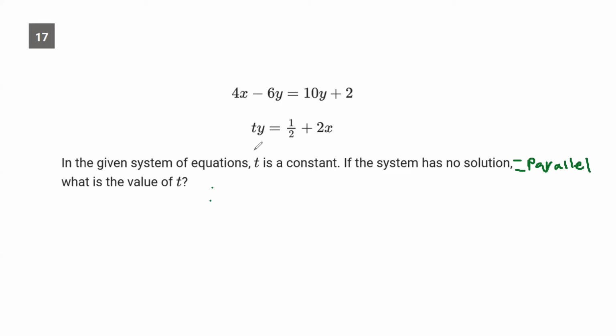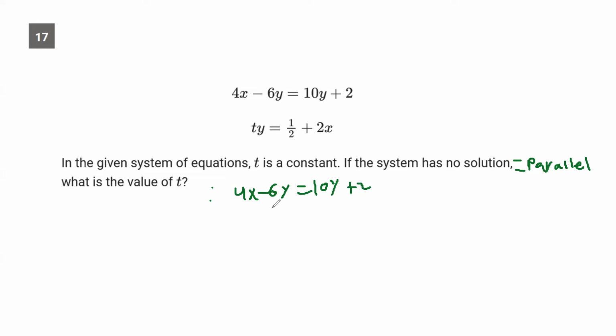Okay, so I'm going to set them both to have y equals something. I'll do the 4x one first. So 4x minus 6y equals 10y plus 2.